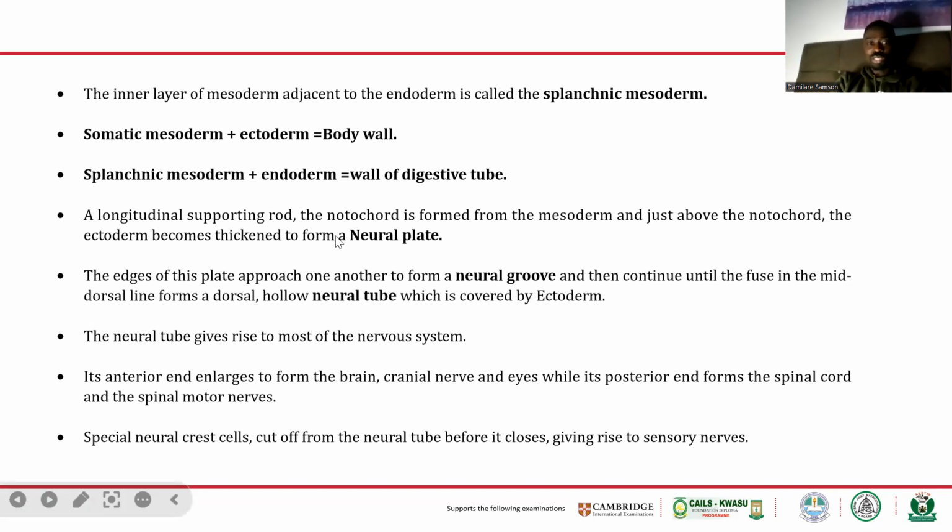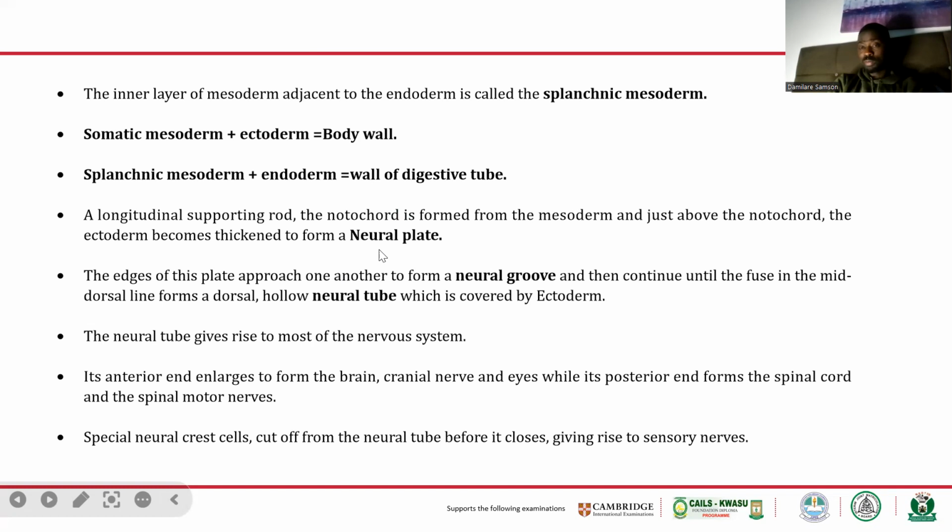So the other ones, I just wanted to go through them. A longitudinal support rod, the notochord, is formed from the mesoderm, and just above the notochord, the ectoderm becomes thickened to form a neural plate. Now we are trying to move into a more developed organism, a more complex triploblastic one, where the neural plates begin to come in.